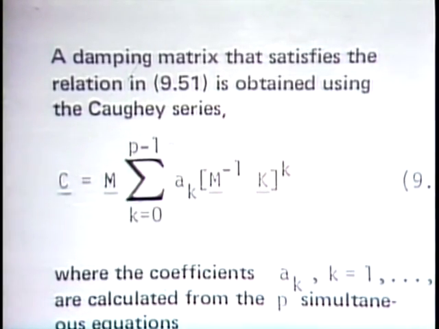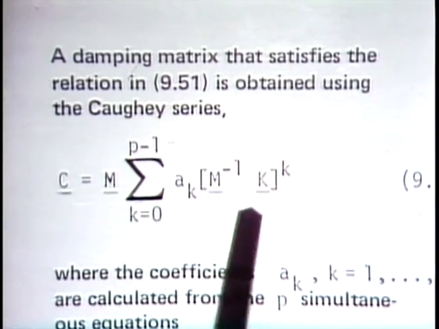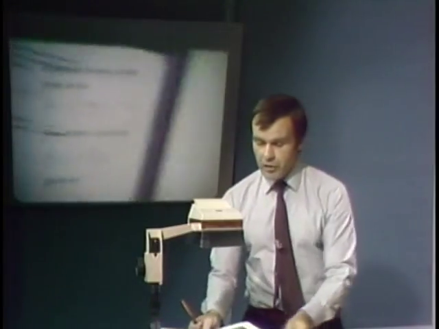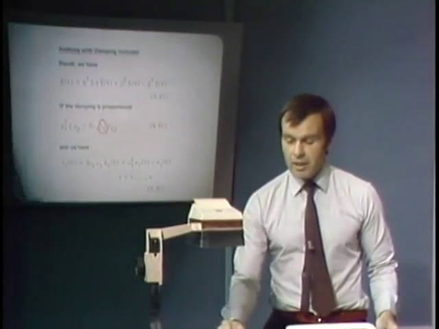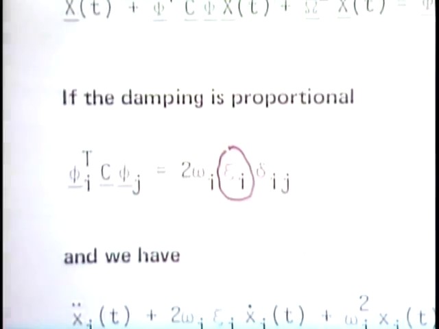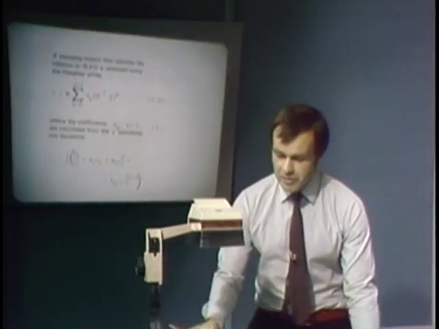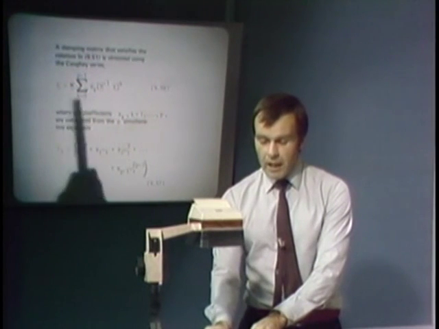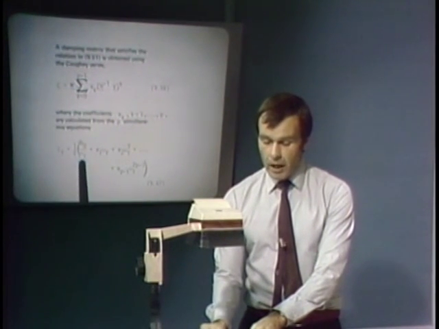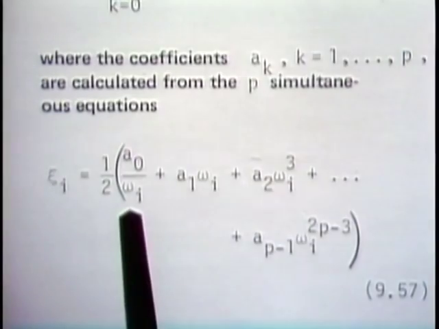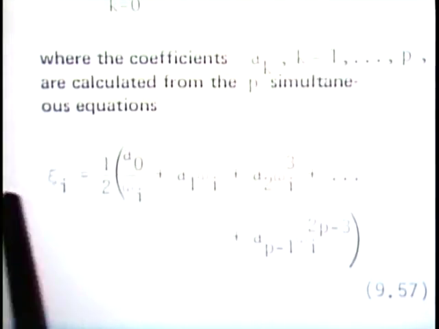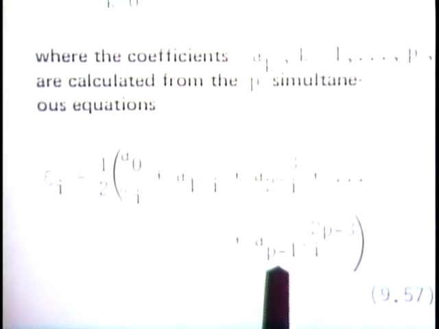Here we have the Caughey series, which was proposed for calculating a C matrix which satisfies this criterion. In other words, damping is proportional. Well, if the psi I values are given, and the omega I, of course, are also given, we can calculate, using this equation, the constants A0 to AP minus 1.